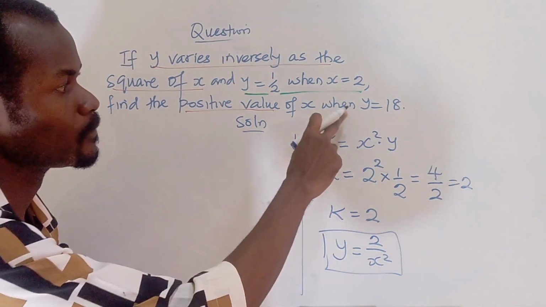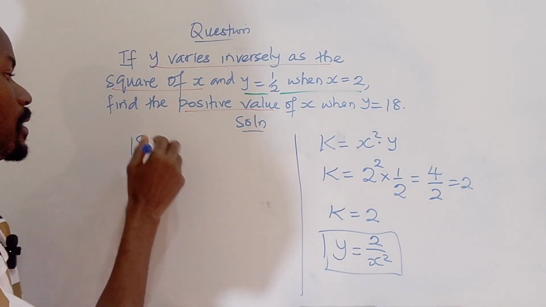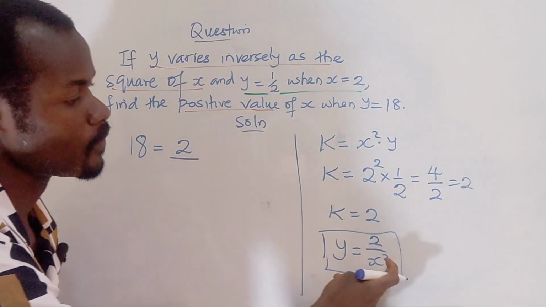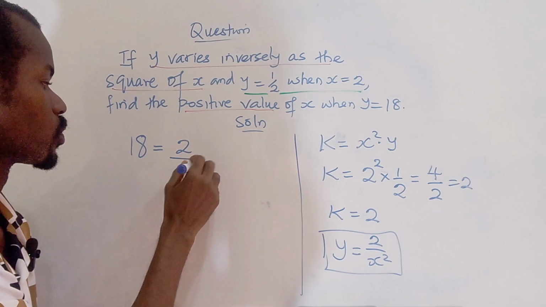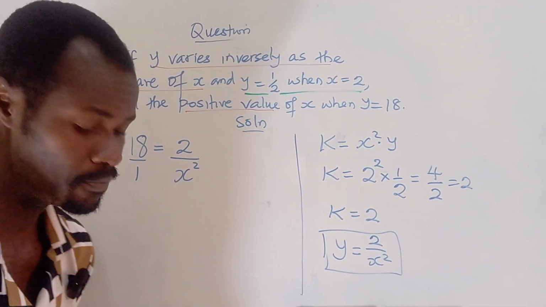Now the question says y is equals to 18. So I'm going to input y as 18 is equals to 2 divided by x squared. Remember, we're looking for x, so we have x whole squared. I can start to write this as 18 over 1.